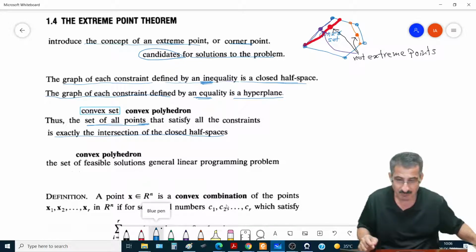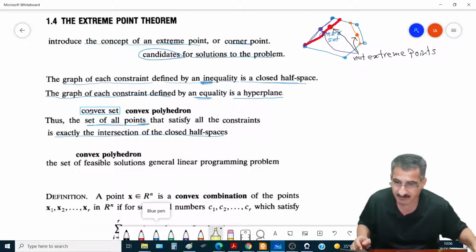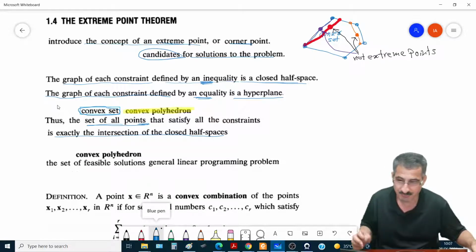We will call this set, which is a convex set, the convex polyhedron. And it is indeed a convex set; we have seen this before. Actually, we proved it.